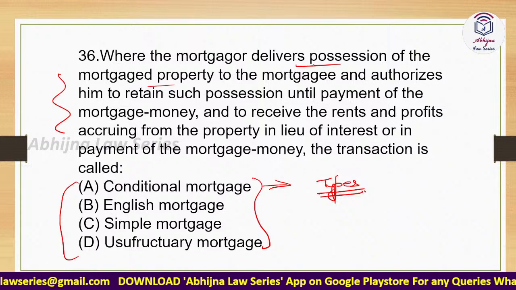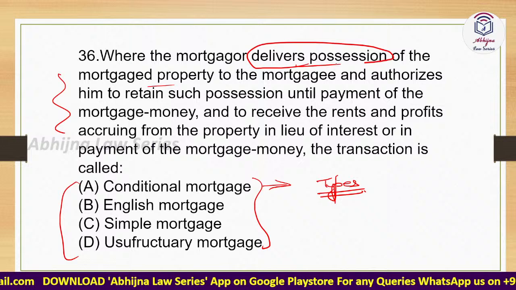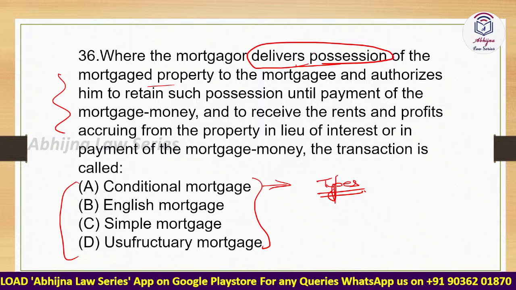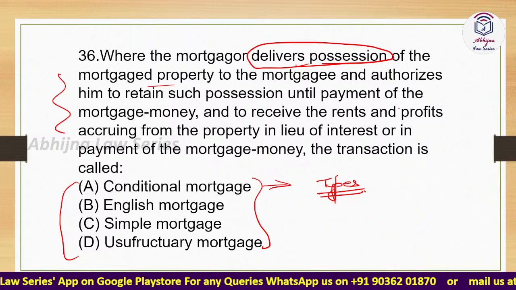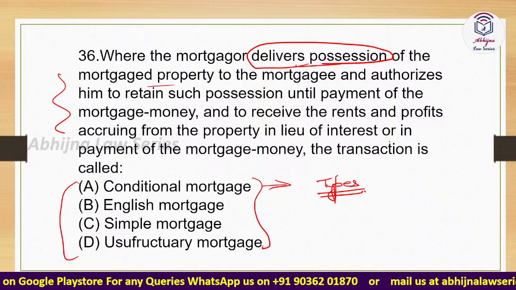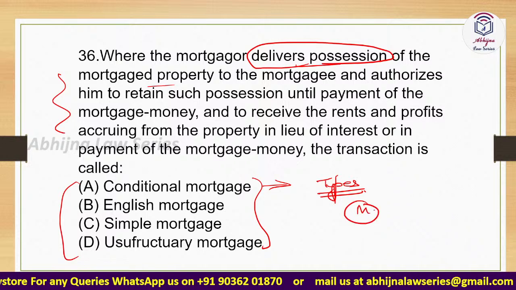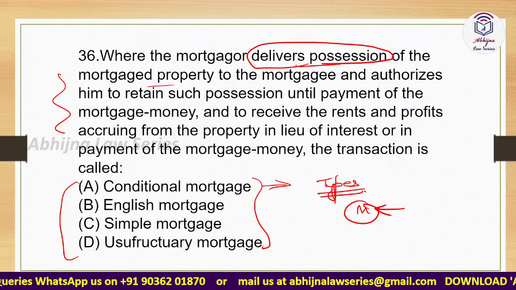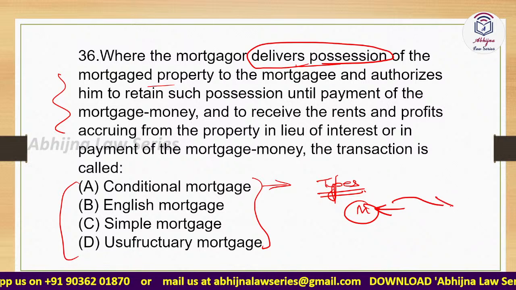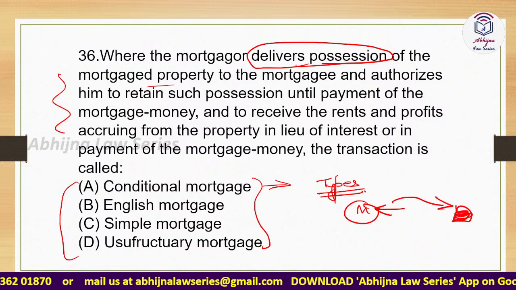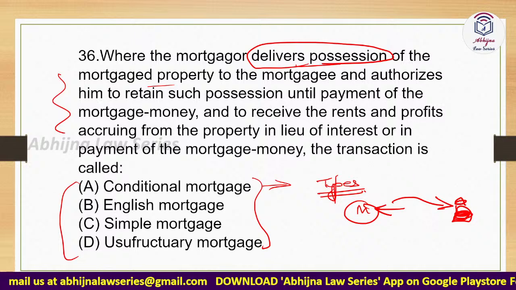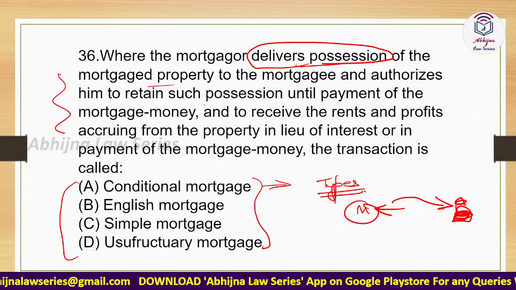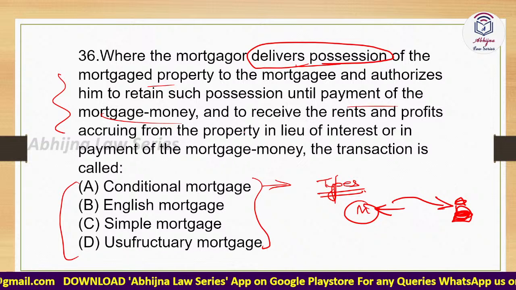Here, what is happening? He is giving the possession. In a simple mortgage, possession is not given. Here he is giving the possession and allowing the mortgagee to retain it. The mortgagor, who is borrowing money, gives the possession of the property and allows this person to keep the property with himself till all the mortgage money or interest is recovered.